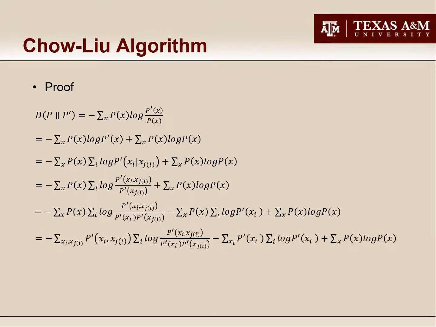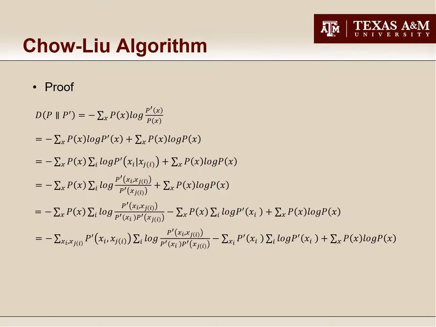For the first term, we can change the P(x) into the sum of P'(xi, xji) based on the sum of the xji. And for the second term, we can change the sum of P(x) into the sum of P'(xi). It will be equal because it's just based on the variable itself.